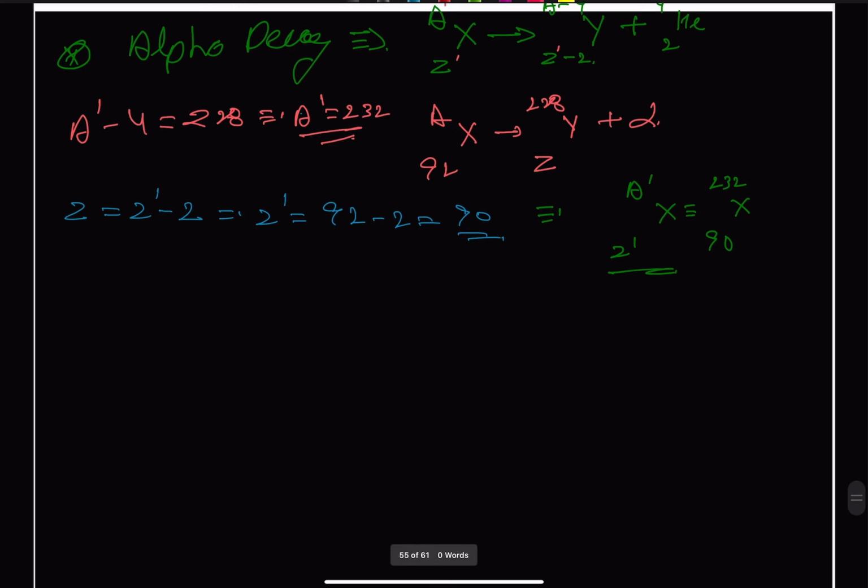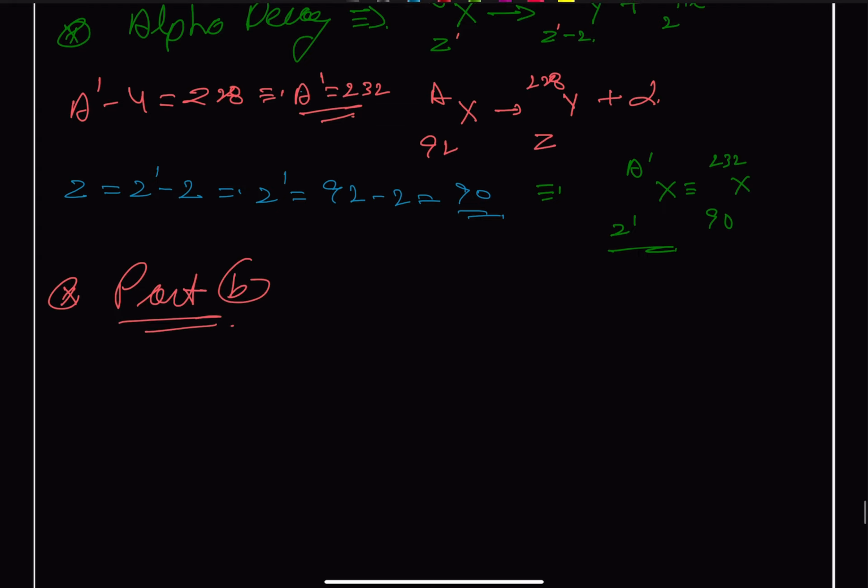Now we come to part B. And from part B, we can easily write the relationship for our radius, because it is moving in a magnetic field which will be circular in nature.